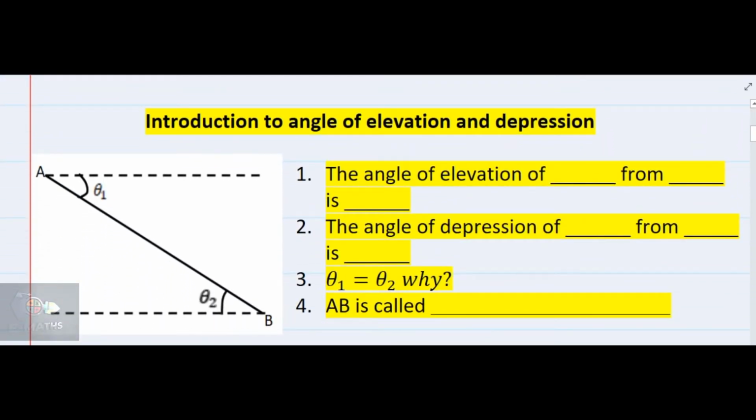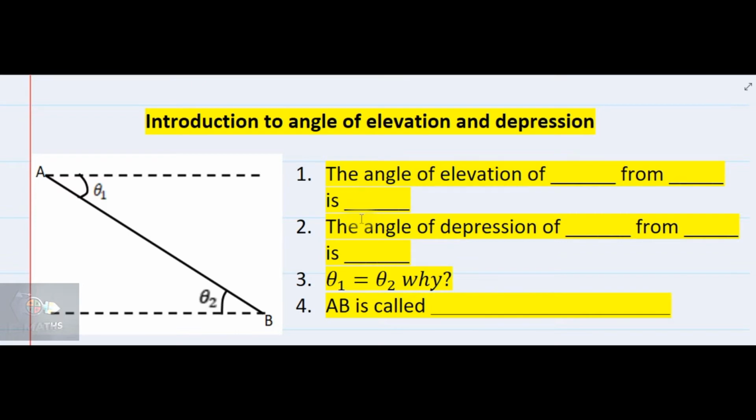Before we start solving questions, we need to know how to represent angle of elevation and depression by answering these four questions. It will help us interpret any word problem. The first question: the angle of elevation of dash from dash is dash.